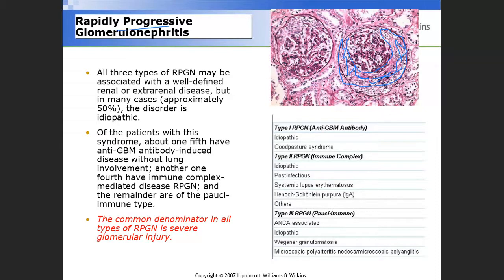Sometimes what they'll do is use an antibody on the tissue, and you label this antibody with a fluorochrome, so that if you shine UV light, it's going to light up.